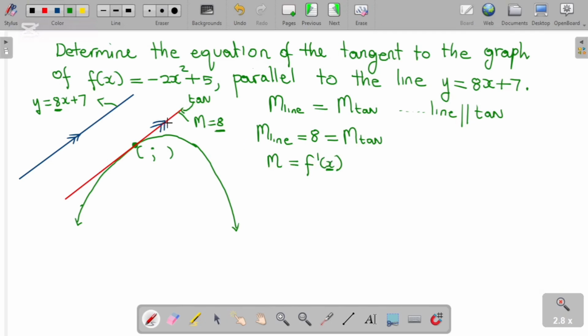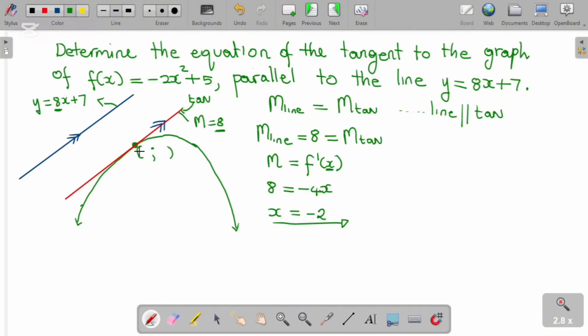The gradient of the tangent is 8 as well, because it's parallel to y equals 8x plus 7. The derivative of f is negative 4x; 5 is a constant, so its derivative is 0. Then we solve for x: dividing by negative 4 on both sides, we get x equals negative 2.